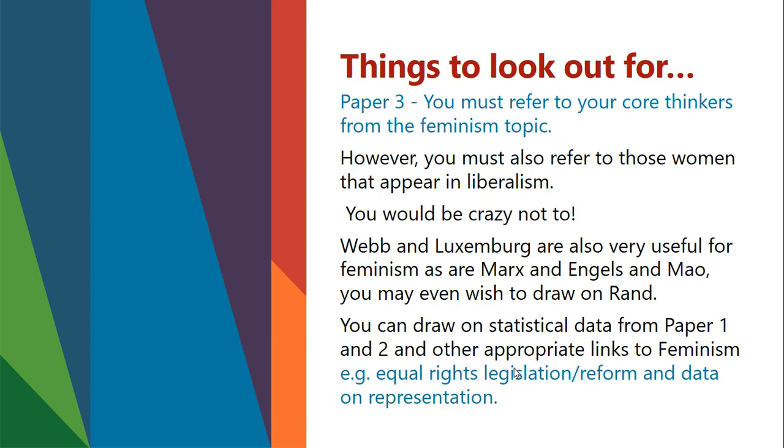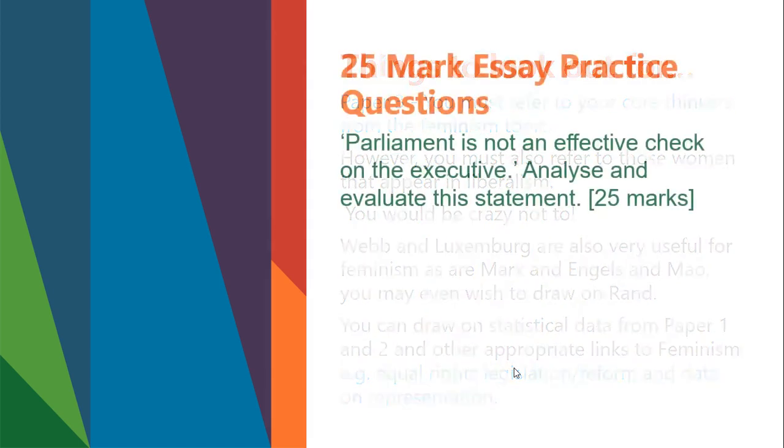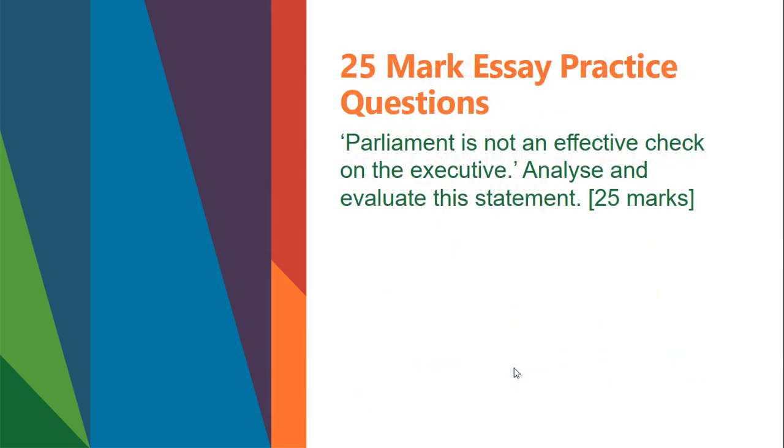You can draw on statistical data from paper 1 and paper 2 and other appropriate links to feminism, for example, equal rights legislation or reform, and the data on representation. And a good example for the 25 mark essay question is: Parliament is not an effective check on the executive. Analyse and evaluate this statement for 25 marks.